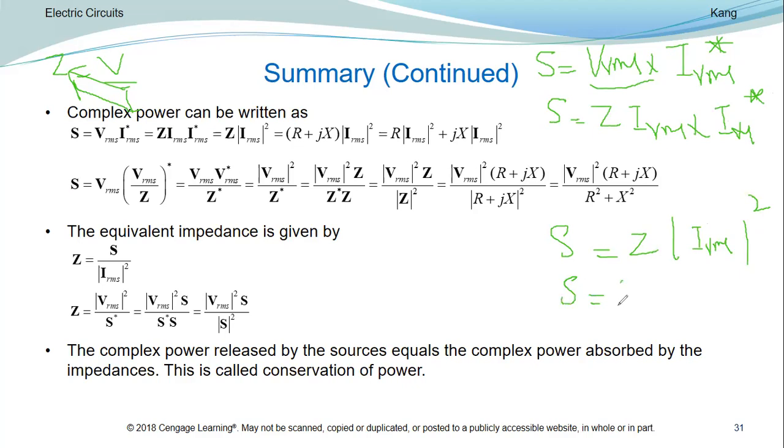So Z equals R plus jX into the IRMS value. So this is the parameter of S.